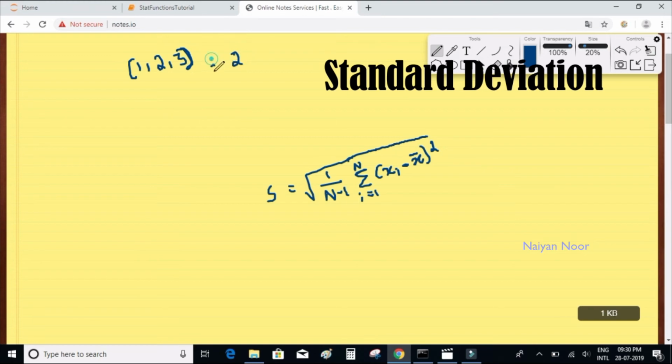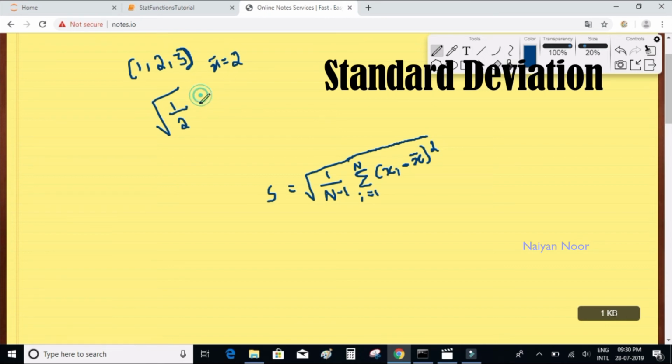So x bar in our case is 2, and the standard deviation is square root of 1 divided by, what is n? n is 3, and 3 minus 1 is 2. So 1 divided by 2 into the summation of (xi minus x bar) the whole square. xi for the first element is 1, so 1 minus x bar, 1 minus 2, is minus 1.